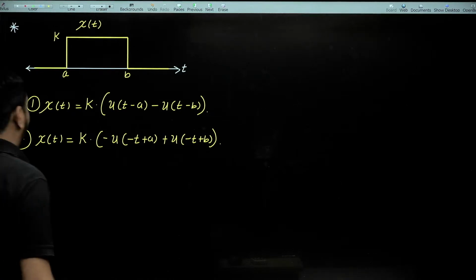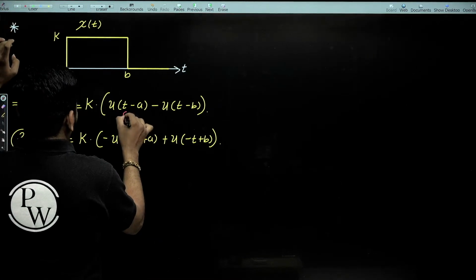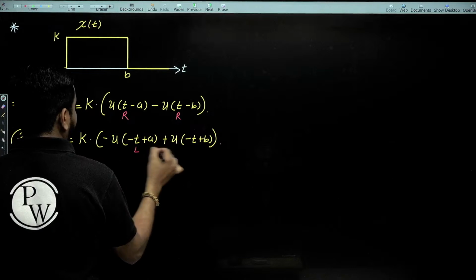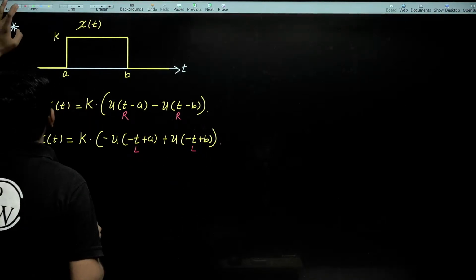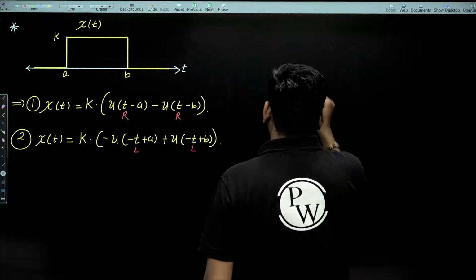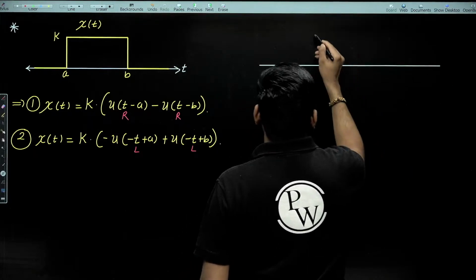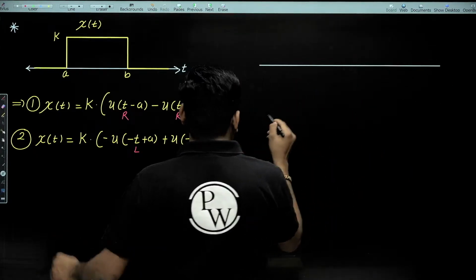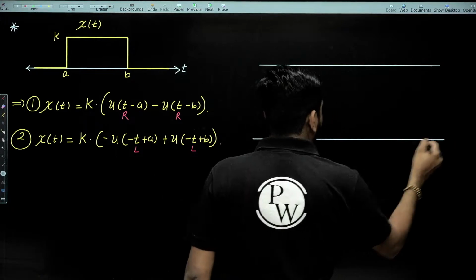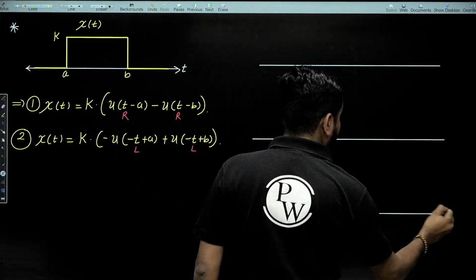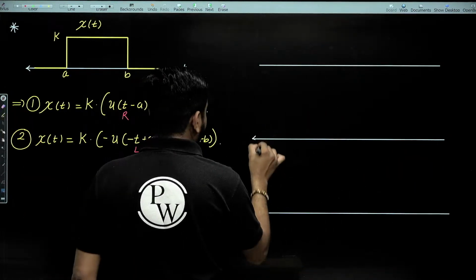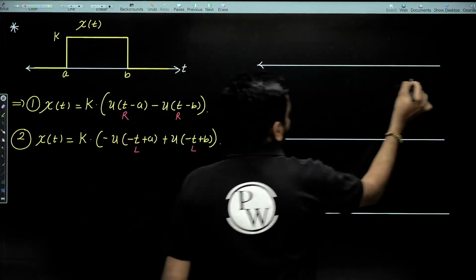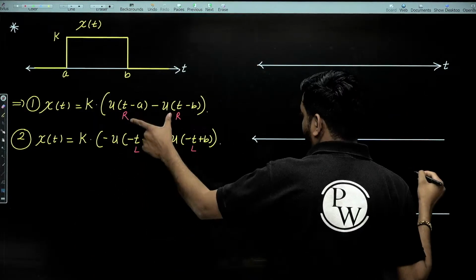Now one more. See, this is right sided, left sided. One more, guys. Now u of t minus a, multiplied by another u, one right sided and one left sided. Here both were right sided, or both left sided.